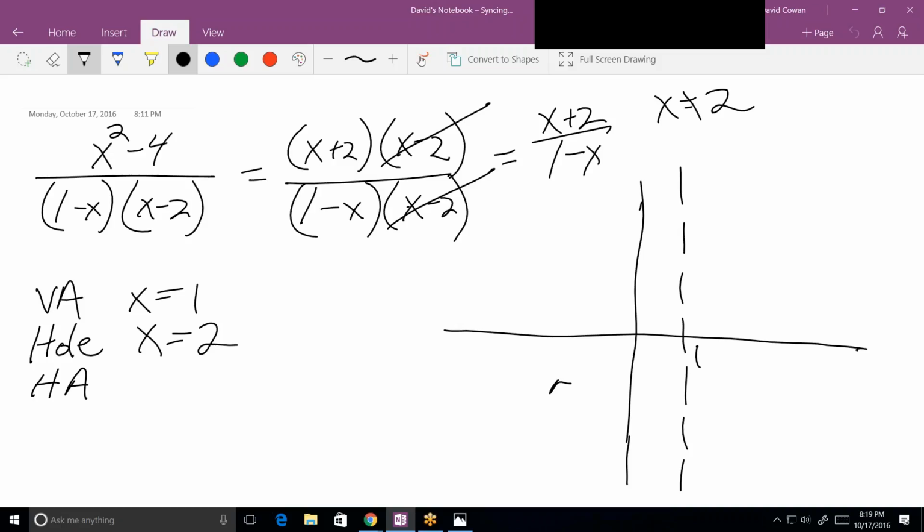In the numerator, we have a 1. In the denominator, we have a -1. So that means the horizontal asymptote is y equals -1.